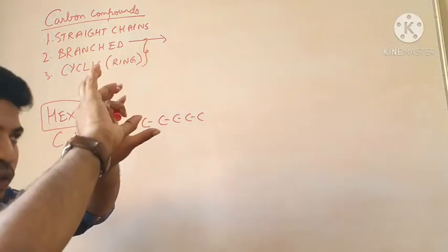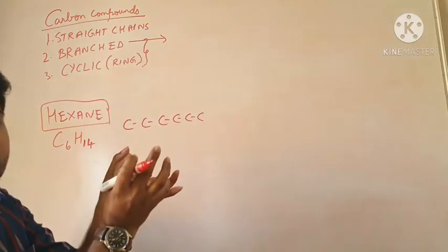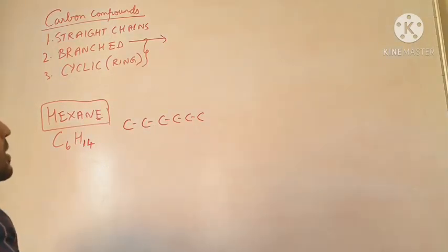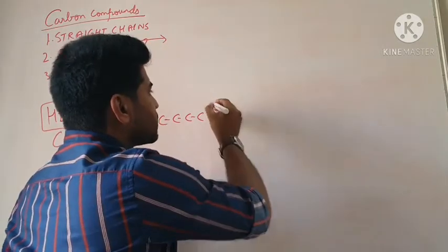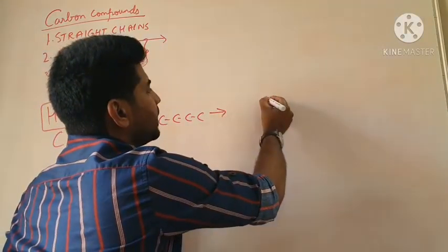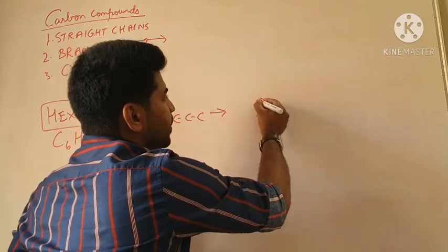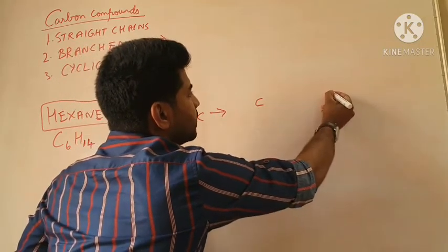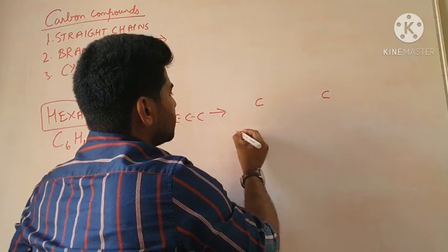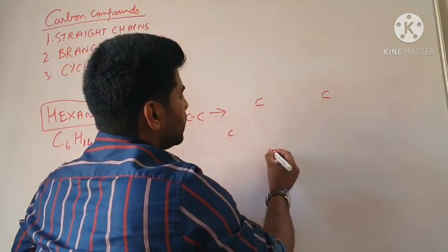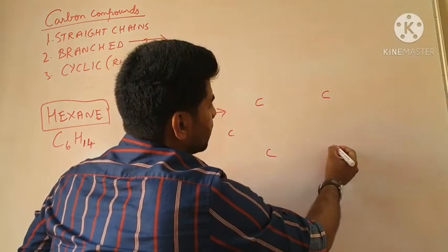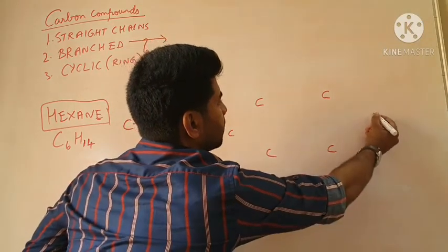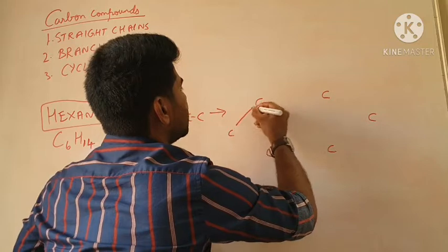Now if you were to make it into a cyclical ring-like structure, what would the structure look like? The cyclical structure would have a hexagonal shape where each vertex of the hexagon would have 1 carbon atom like this.